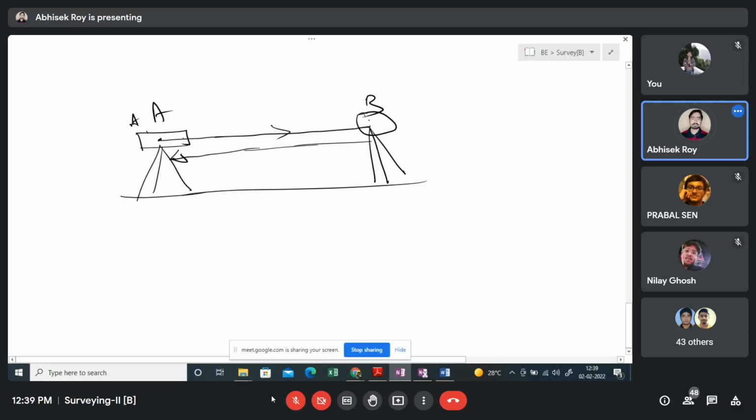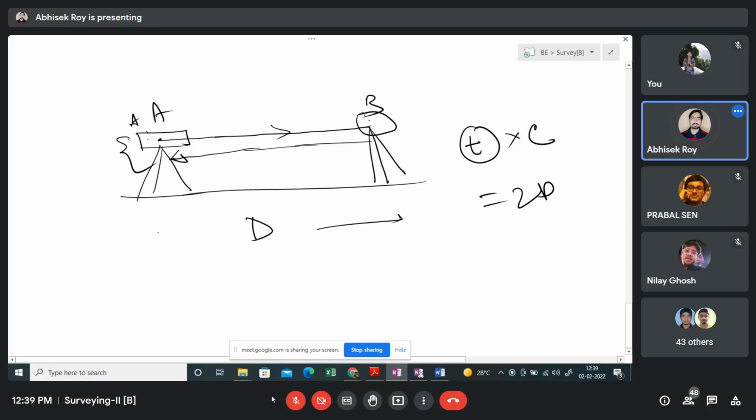With the generation of the electromagnetic wave and its reception, it can calculate the transit time, but that transit time will be 2 times the actual transit time. That means if you measure this transit time and multiply it by C, you will actually get 2D if this is D.